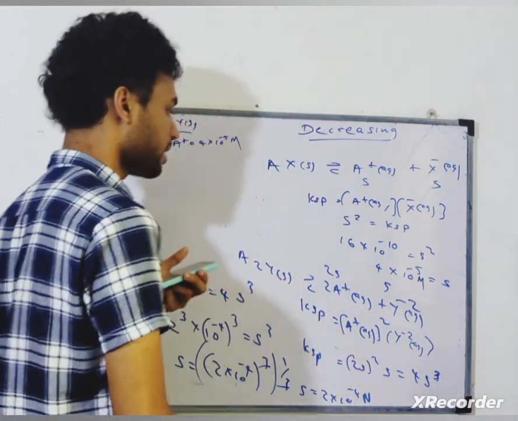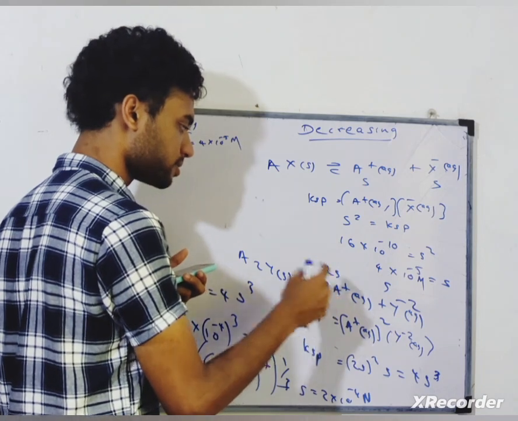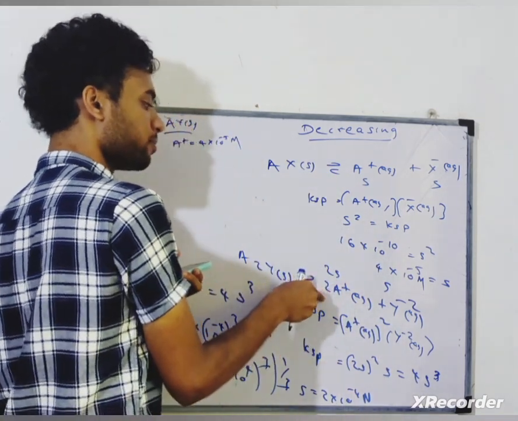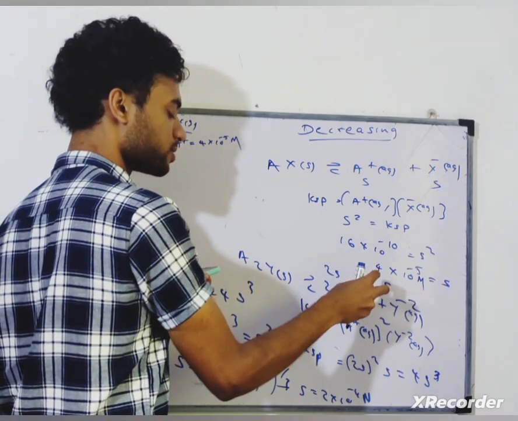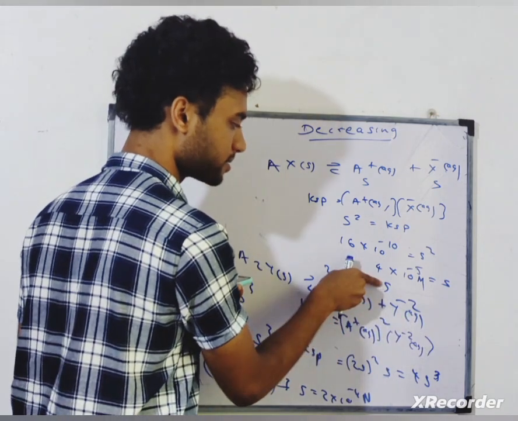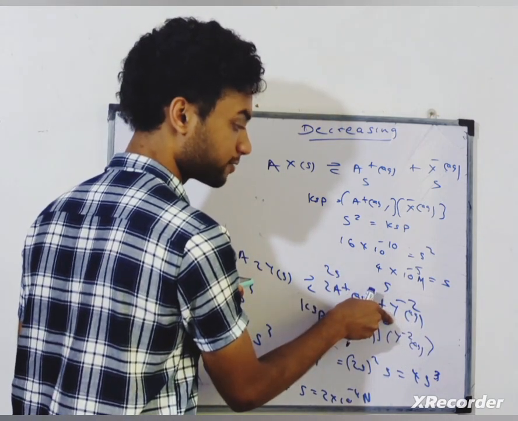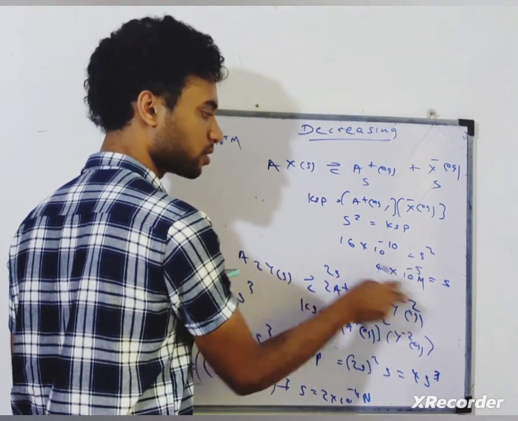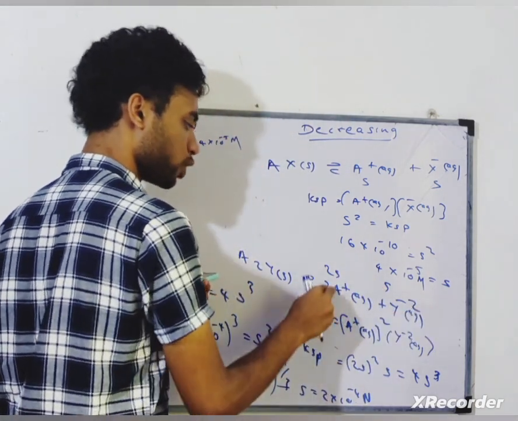So the A+ cation concentration is going to be twice the solubility, 2S, because the stoichiometry is 2. So solubility is S, and if the stoichiometry is 1, solubility is equal to the concentration. But here, the stoichiometry is 2.